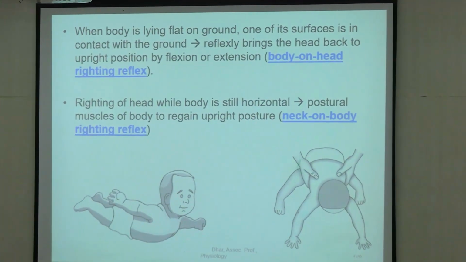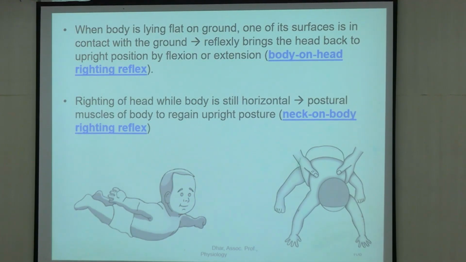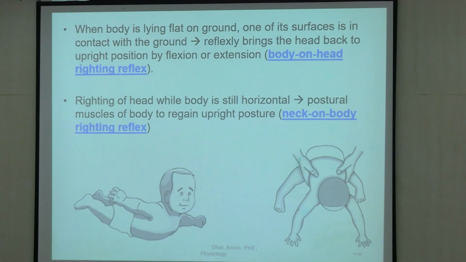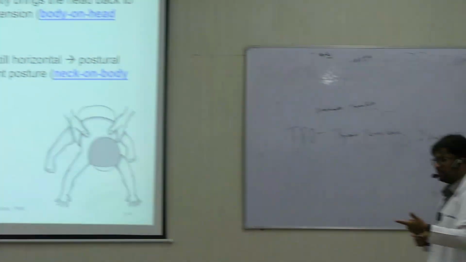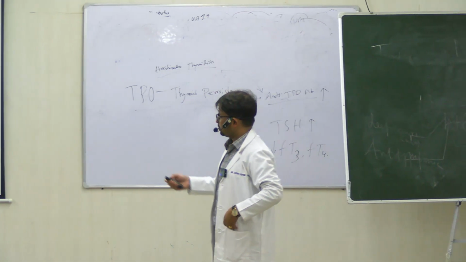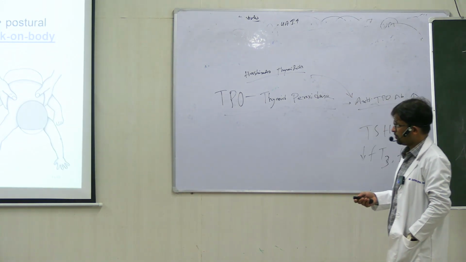If you are falling like this on your back, the correction will be by neck flexion, and if you are falling like this, the correction will be by neck extension. The idea is always to maintain the upright position. First the head will be taken care of, followed by the upright position of the body. So this is called the body on head righting reflex.